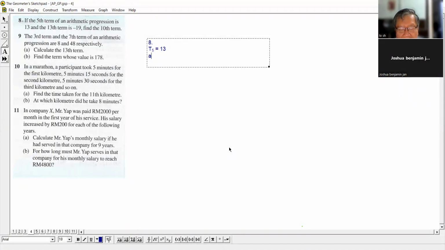The symbol you have to change to formula. So what is the formula for T5?